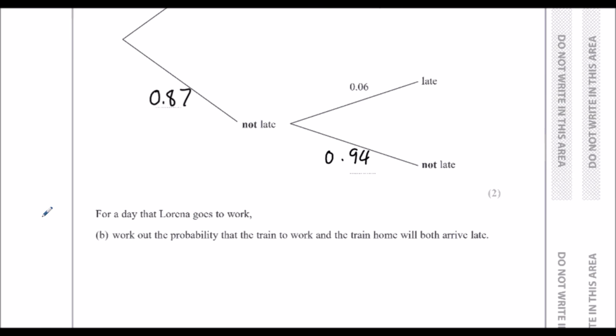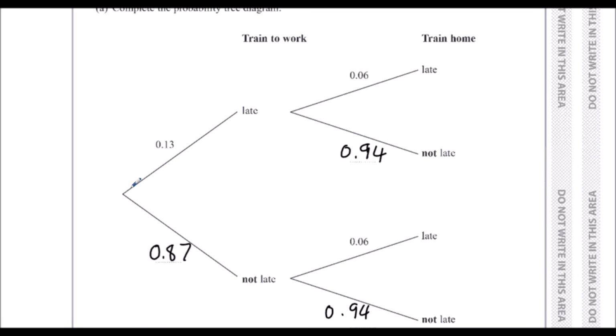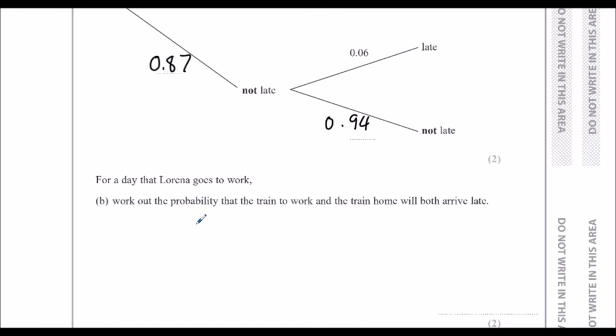For a day that Lorena goes to work, work out the probability that the train to work and the train home will both be late. So it's late and late again. So 0.13 times 0.06.